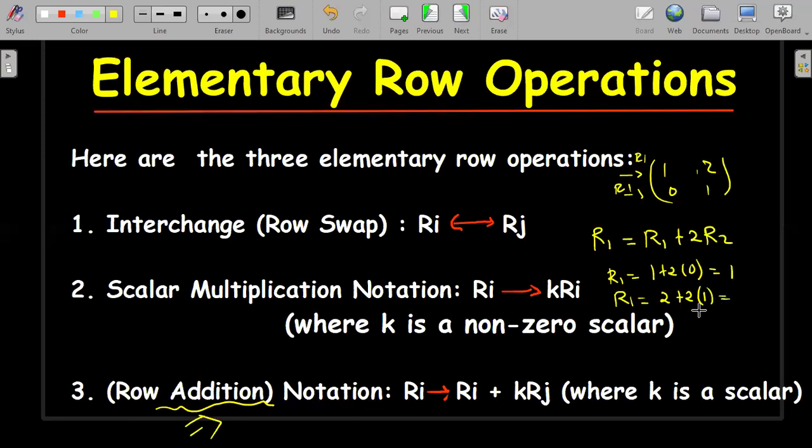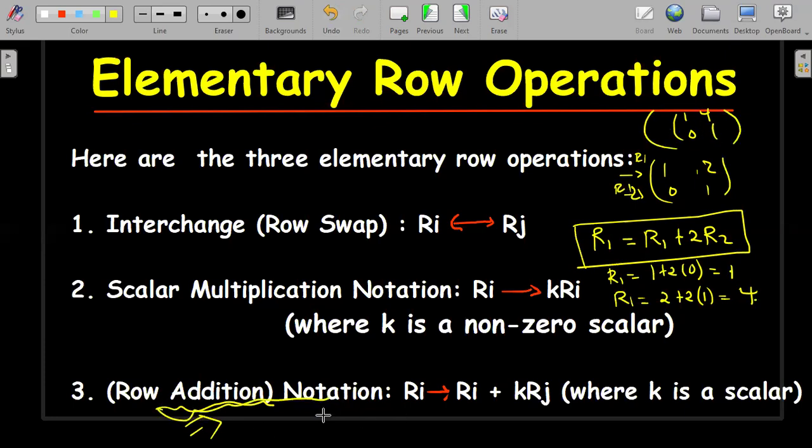So this is equal to 2 plus 2 multiplied by 1, that will just be 4. So after I apply this elementary row operation, my row 1 will be 1 and 4, so my new matrix will have 1 and 4 there. And then row 2 is going to remain the same, 0, 1. So that's what we mean by row addition here.